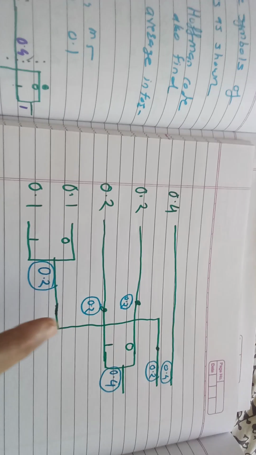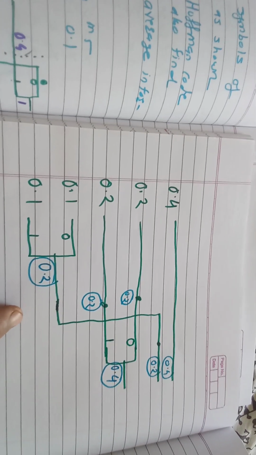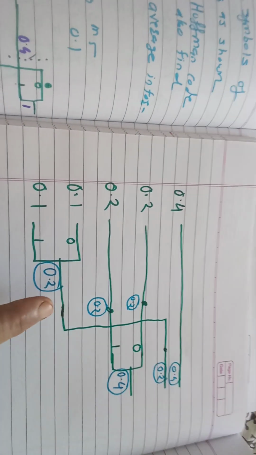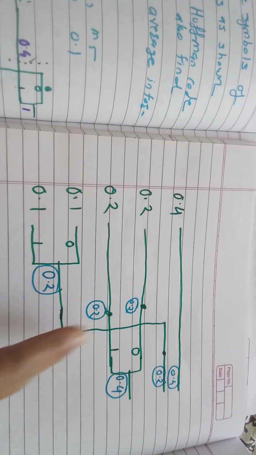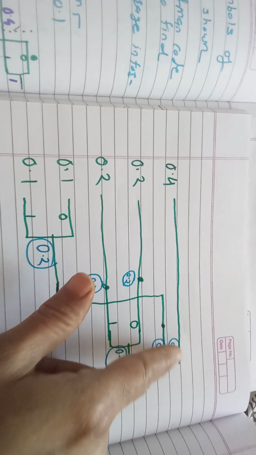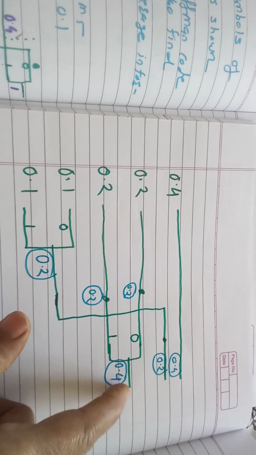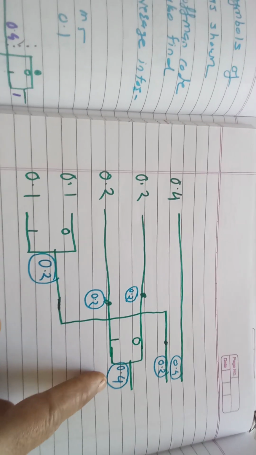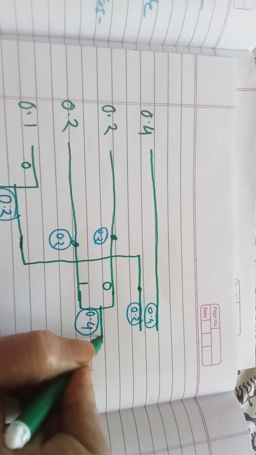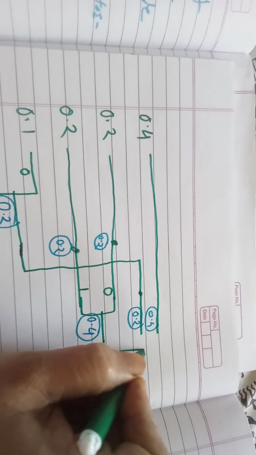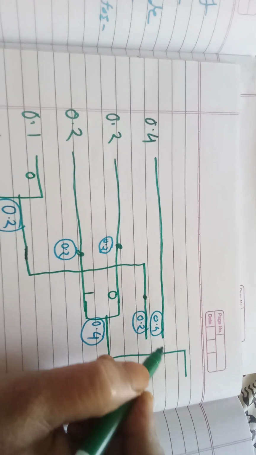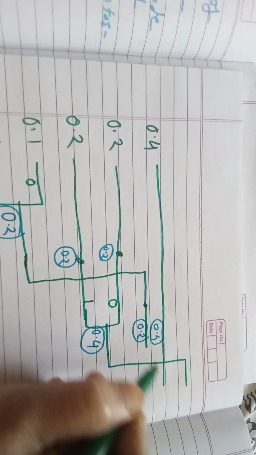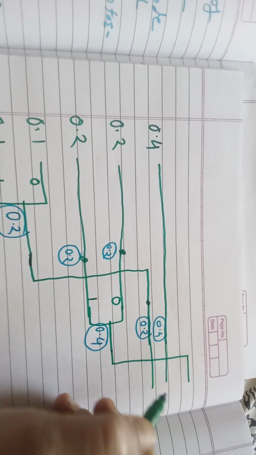Again, every time you are arranging the probabilities in descending order. Here, what happened? These three were similar, so the summation we took upward. Now here, 0.4 and 0.4 are similar, so the 0.4 which has come by the addition, you have to take upward. So this 0.4 upward, this 0.4, this 0.2.